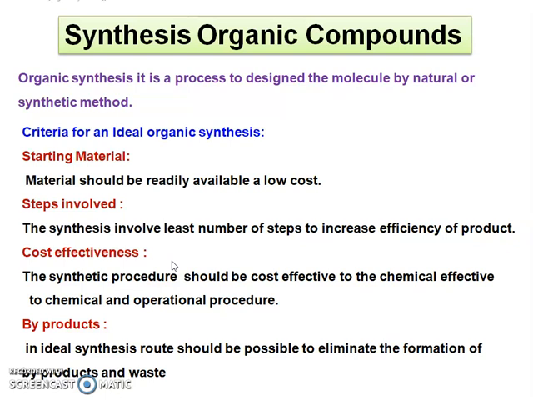Hence, in an ideal synthesis, the route should as far as possible eliminate or decrease the formation of byproducts as well as waste, and the yield of the process also increases. Also, disposal of unused waste products will cause environmental pollution, and therefore such a synthetic route is chosen that minimizes the byproducts.